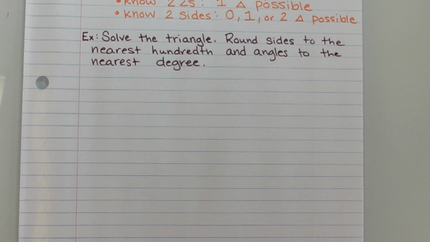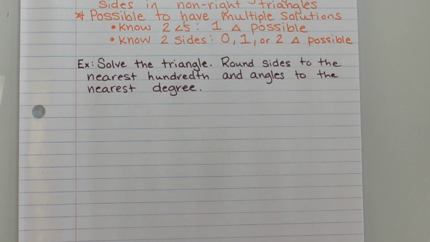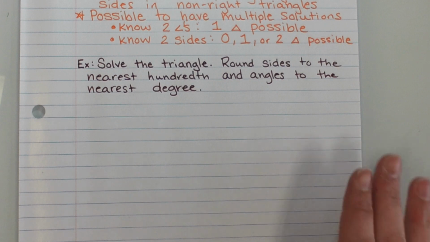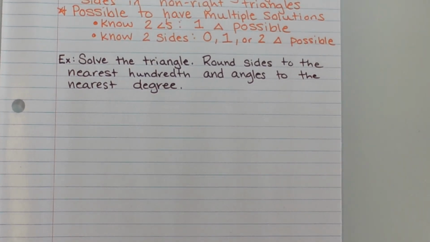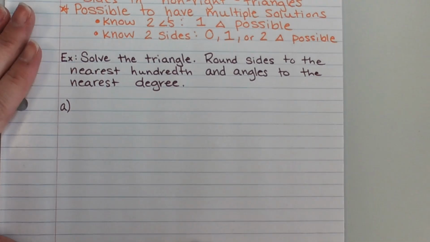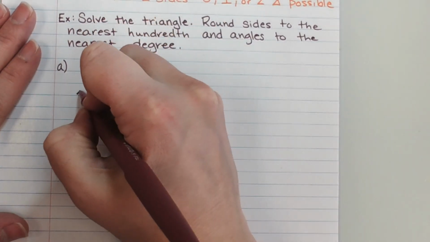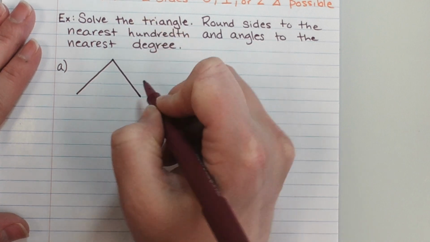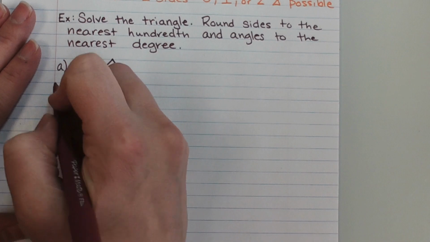So we're just going to deal with the version of the law of sines that one triangle is possible. On Monday, we will get into knowing two sides and having multiple triangles possible and how to address that. So today we're just trying to get our feet wet with law of sines. Some of the times you're going to be given a picture.